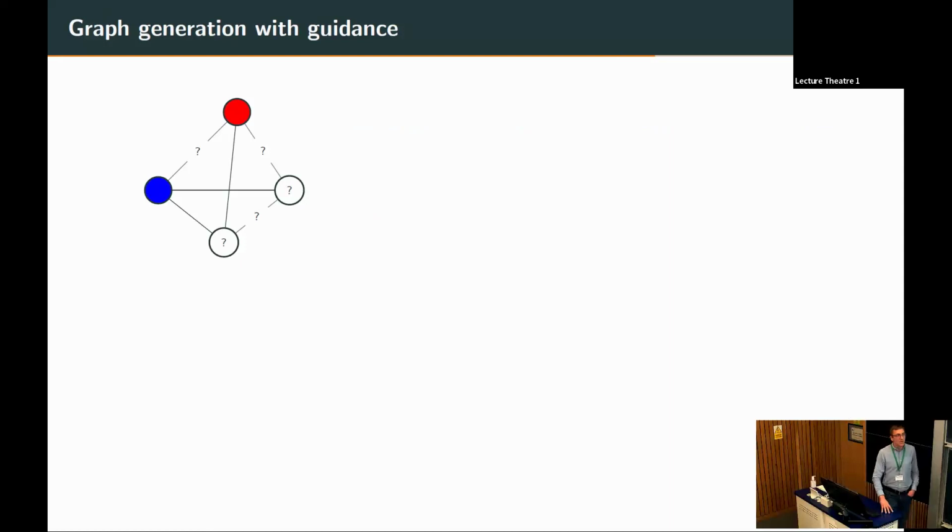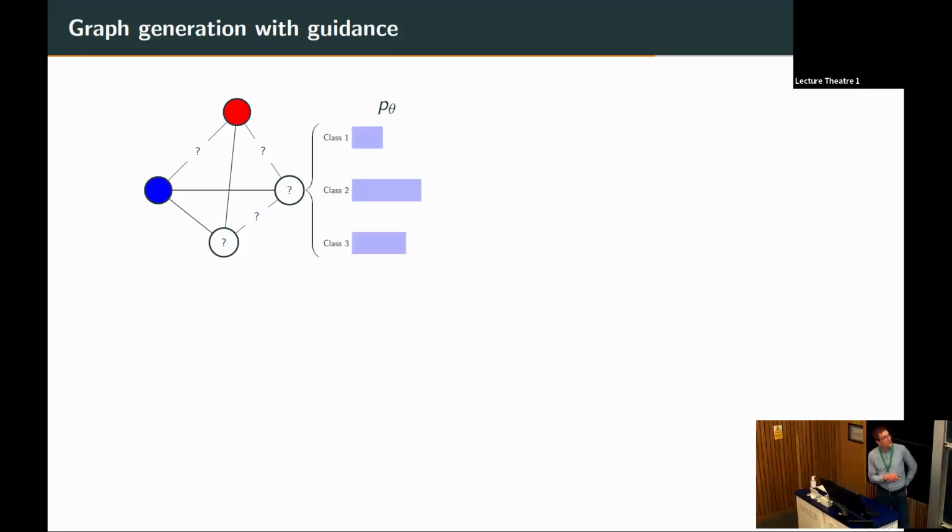Right, so equipped with this, we can now bring back what we said about SMC and guidance and see how we can make use of discriminator guidance for this type of graph generation. Essentially, at any state of the generative process, we have some incomplete graph like this.